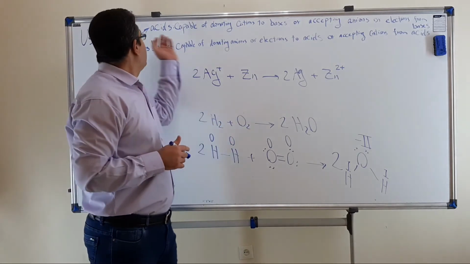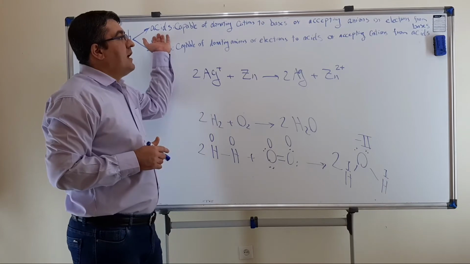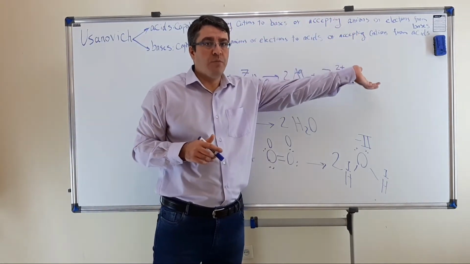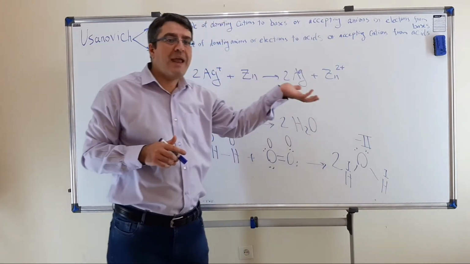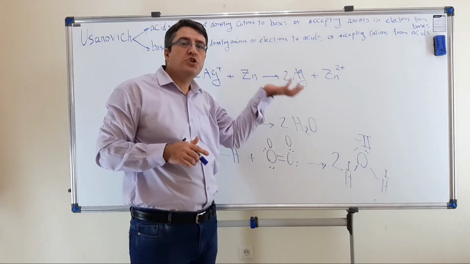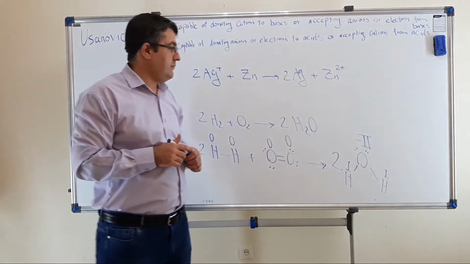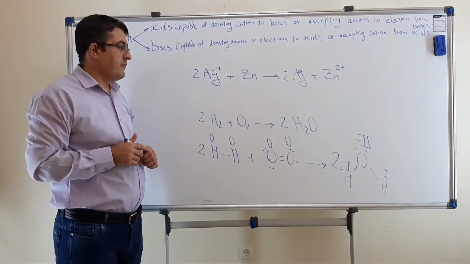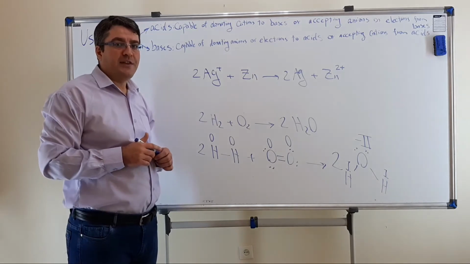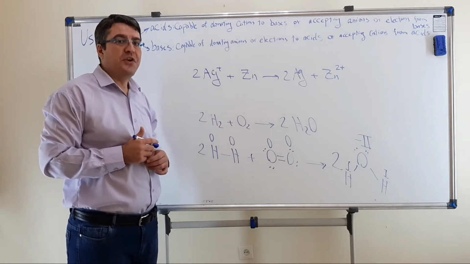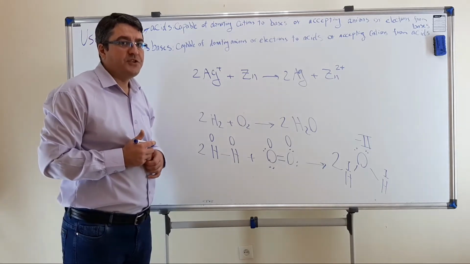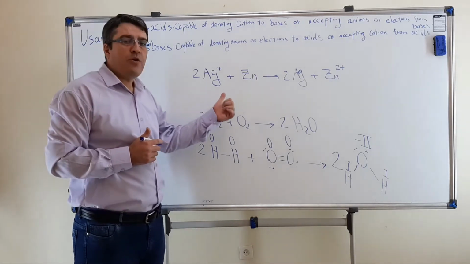Or acids, Usanovich acids, may also accept electrons partially or formally. Or Usanovich bases may donate electrons also partially or formally. Anyway, it is common in literature to state that Usanovich acid-base theory also includes redox reactions. But it is good to pay attention to such narrow points.